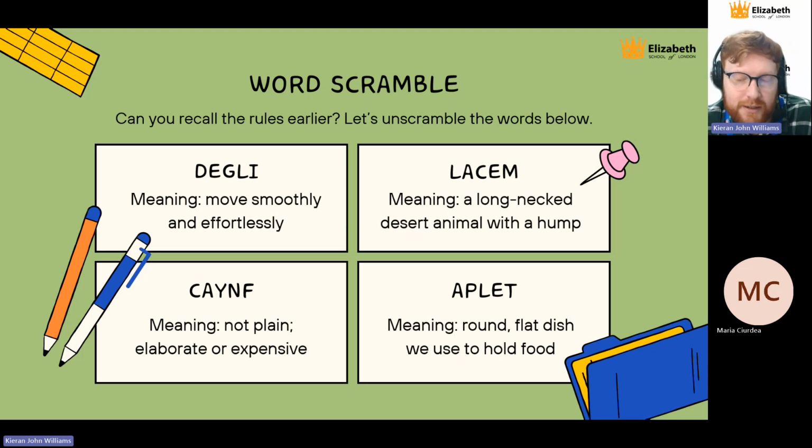Now, I always find these very difficult to do, but maybe you are really good at these and can help us. So do you have any ideas for this first one? How could we move the letters around so the word means to move smoothly and effortlessly?